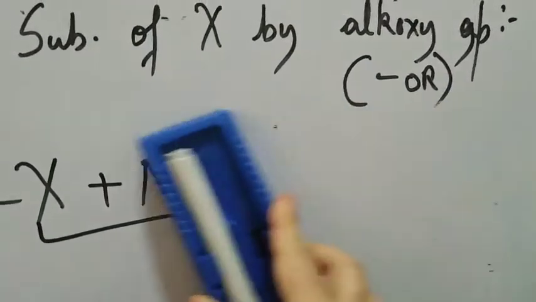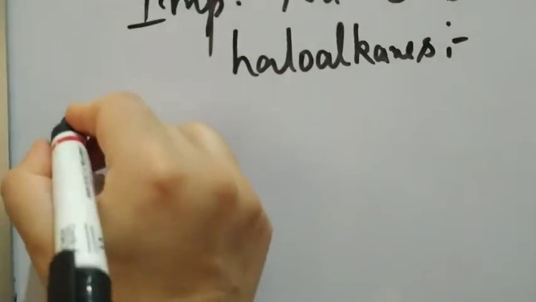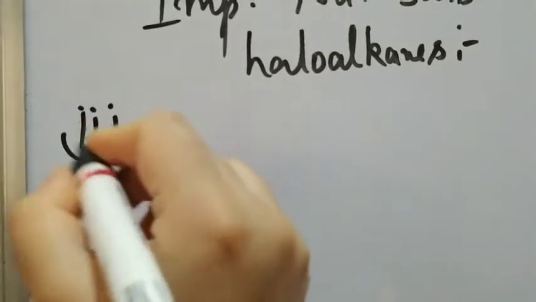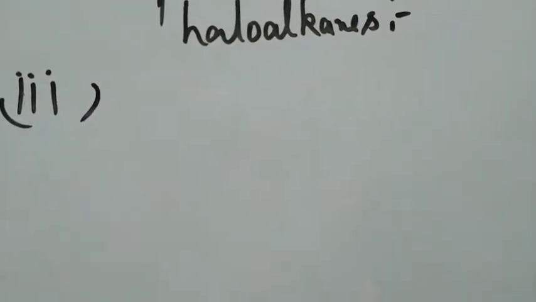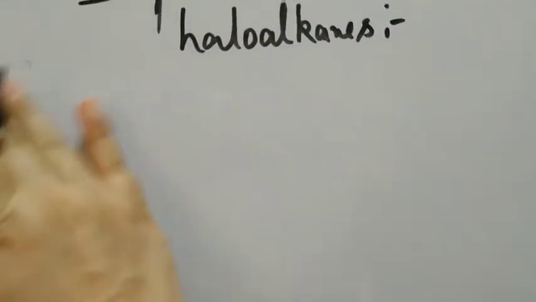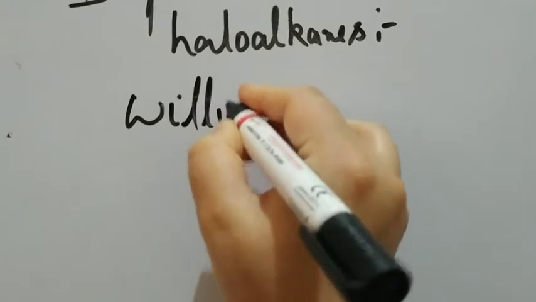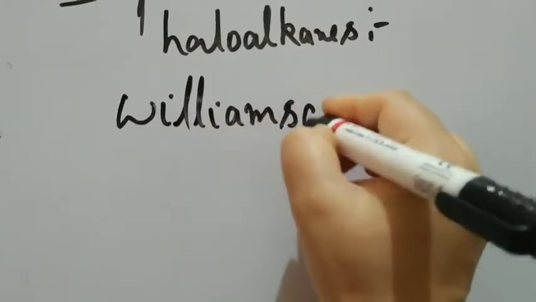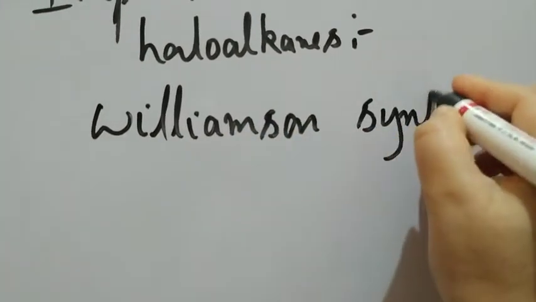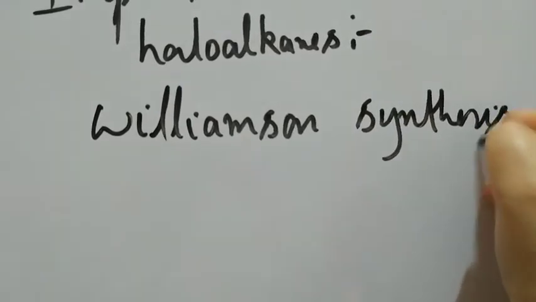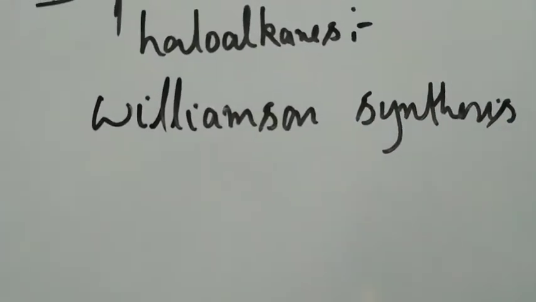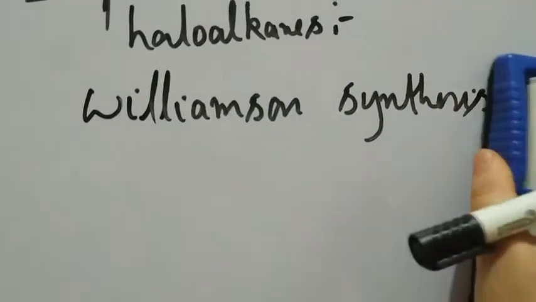Moving on quickly with the examples. The formation of ethers, add it to that, that reaction is known as Williamson synthesis. Synthesis of ethers by substitution of X with an alkoxy group.